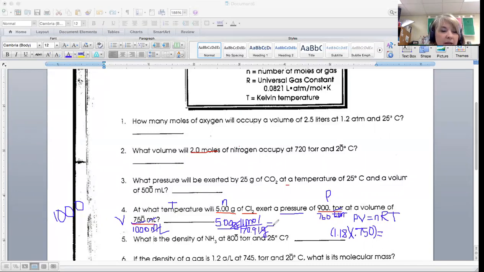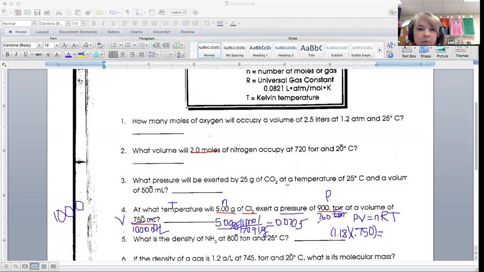So I'm going to plug that into my calculator. 5.00 divided by 70.91. Okay, and I'm coming up with 0.0705. This is very painful.